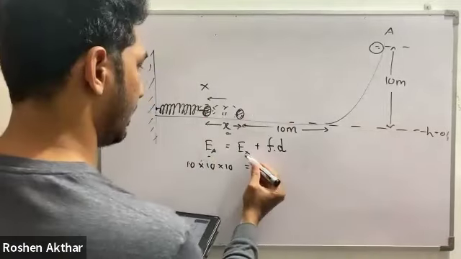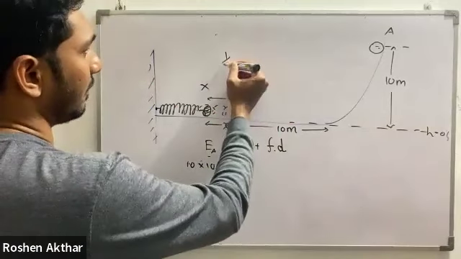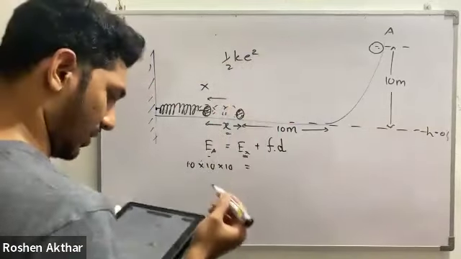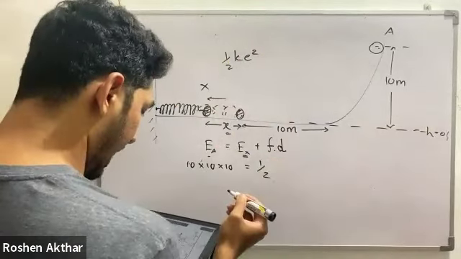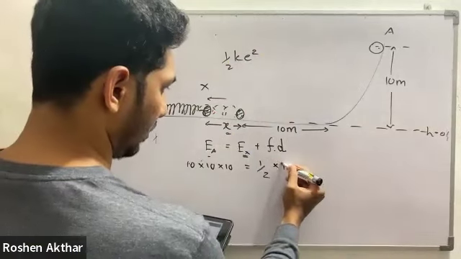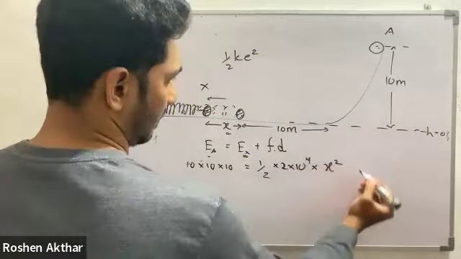This one is the energy stored, elastic potential energy, that will be half kx squared. So half k is 2 into 10 to the power 4, x squared, which we don't know.